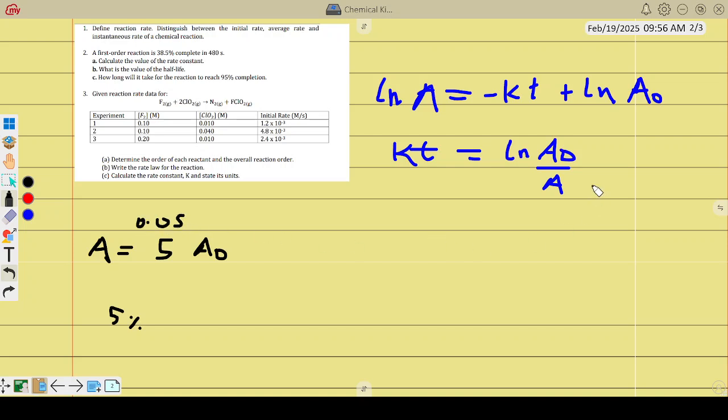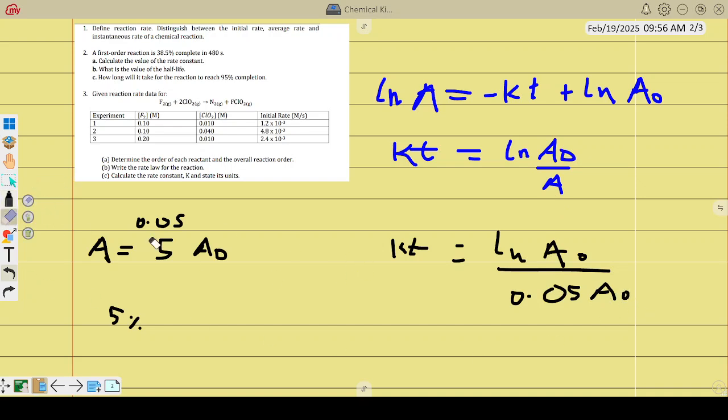0.05. So where there is A here, we have kt equals ln A naught over, and where there is this A, we put 0.05 of that.